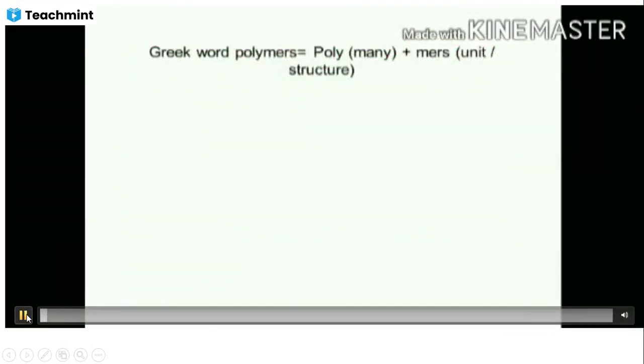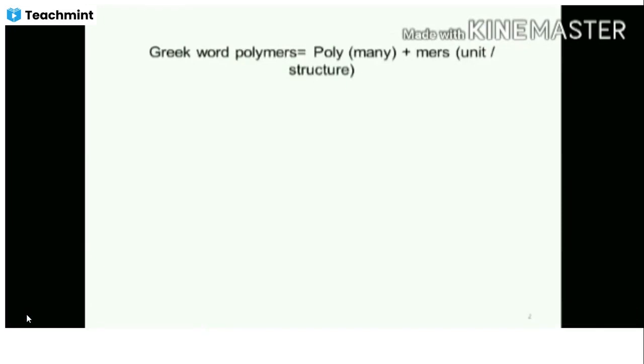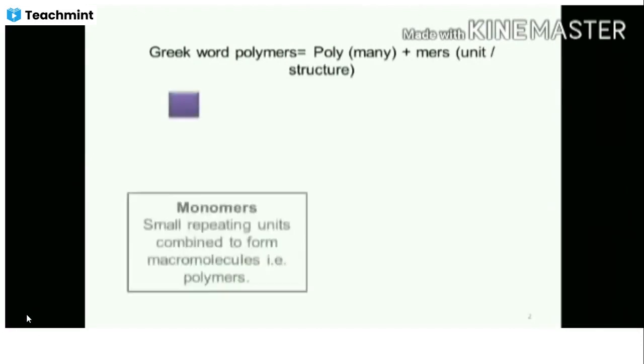Poly means many and mer means unit or structure. This is a single unit, hence we call it monomer. Monomers are small repeating units combined to form macromolecules, that is polymers.